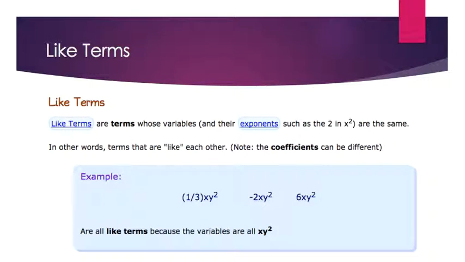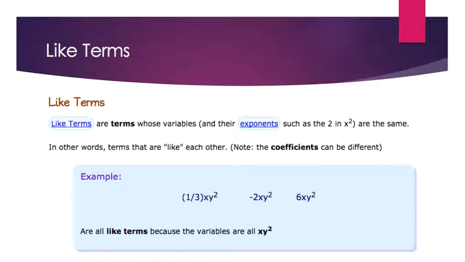The reason these things are important is so that we can identify like terms in our expressions. That's what we're really going to do a lot of practicing of today. Like terms are terms whose variables and their exponents are the same. So in other words, they are like each other because they have the same variable and they have the same exponent.